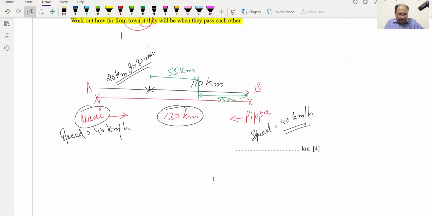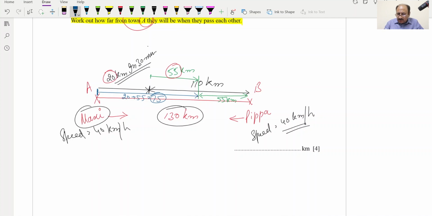So from town A it will be 20 plus 55. So the total distance will be from this point. If we show this one, for Maxi and Pipa this will be 20 plus 55, which is equal to 75.